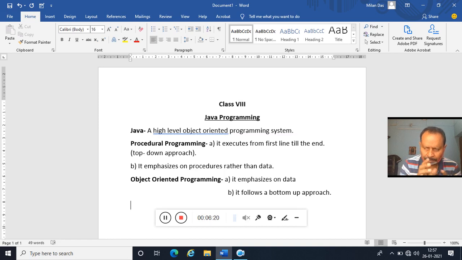Just try to understand; it may not be very clear to you at this point of time. In object-oriented programming, the program starts somewhere else, and according to the need, the program may move upward or downward.